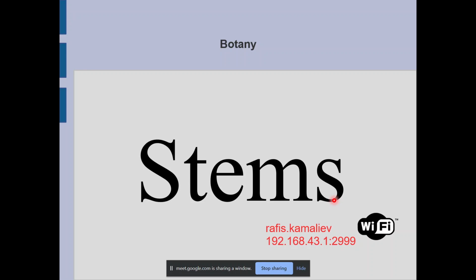Most massive stems are of trees, and stems can be either herbaceous, that is a soft non-woody tissue, or woody, that is a very hard tissue with wood and bark. Most stems are circular in cross-section. However, some of them can be square, for example mint stems.